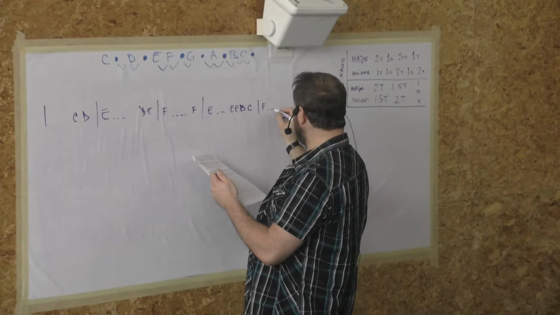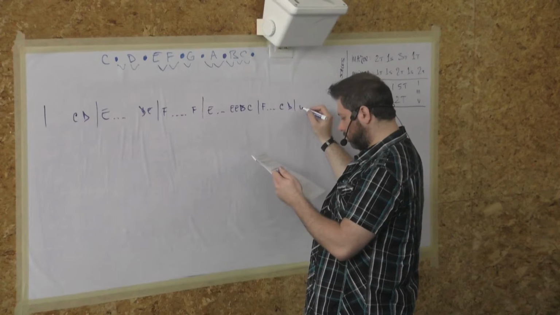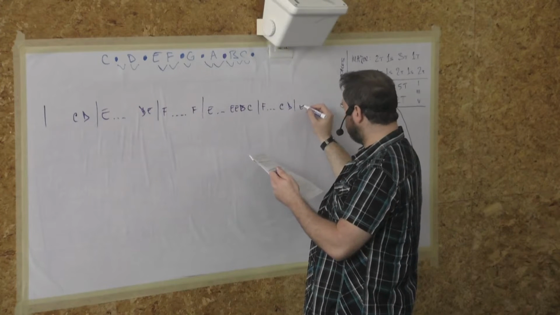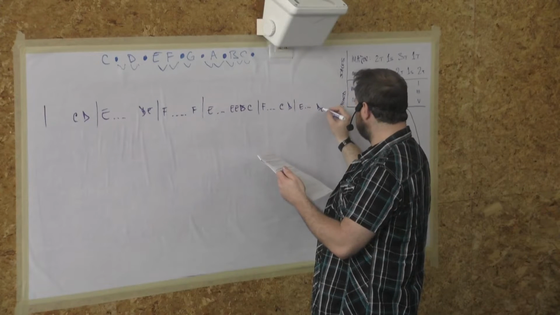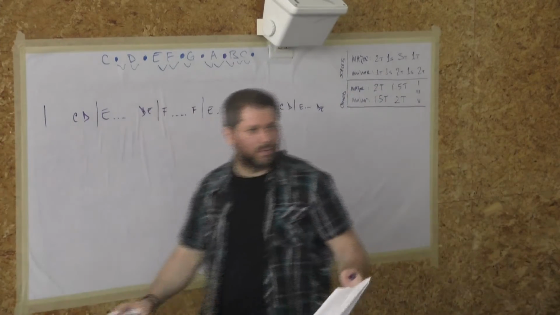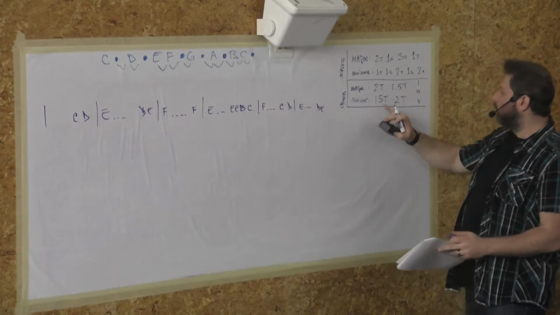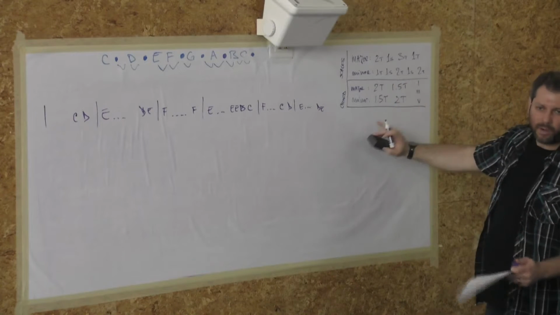And then F long, and then repeat C, D, E, long, D, E. I'll delete this for a second, okay? Just remember it: 2, 1, 3, 1, 2, 1. Major is 2, 1.5, minor is 1.5, 2.